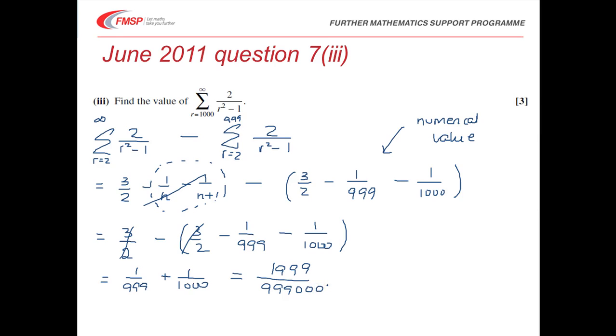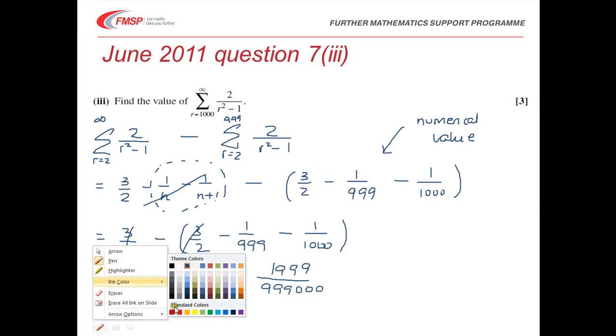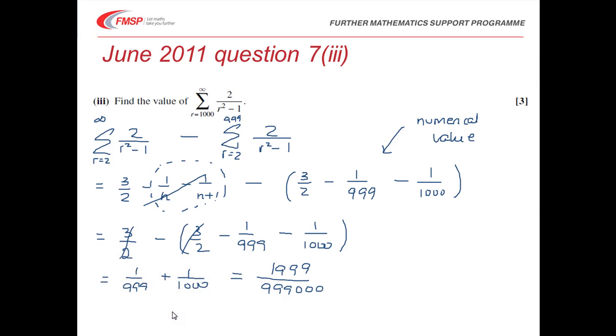So you should give your answer in that sort of form, or if you were doing it in decimals, you could give an equivalent form. But the important thing about that question is seeing that you needed to have this subtraction here.